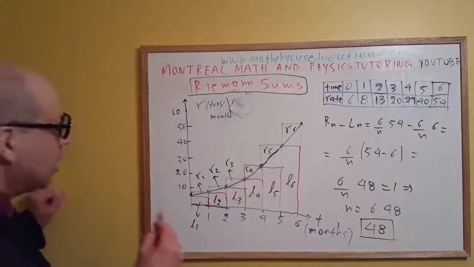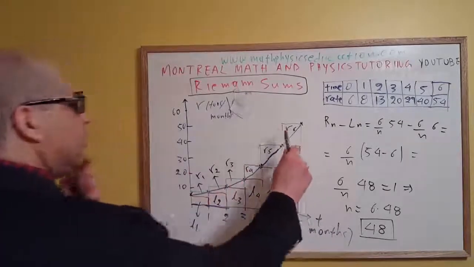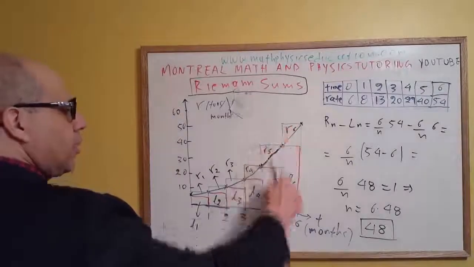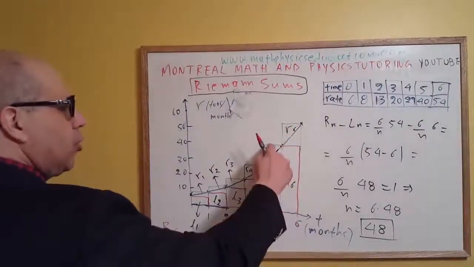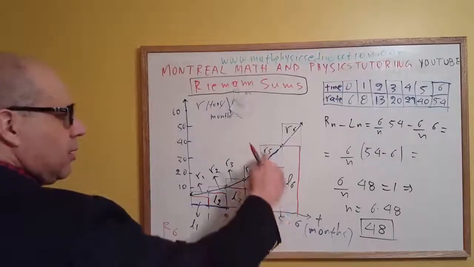If you start from R6, you have this big rectangle, and then you have this R5 rectangle.